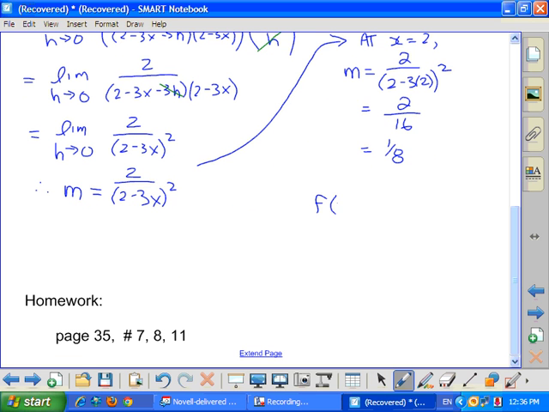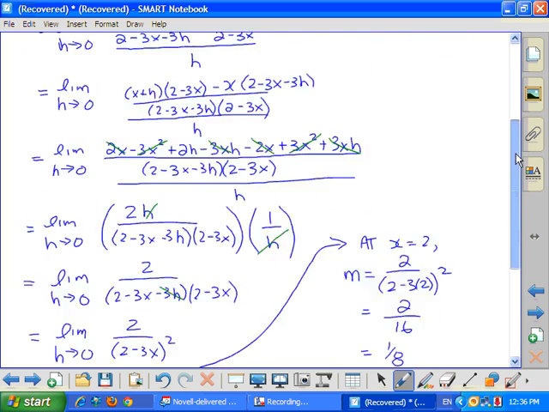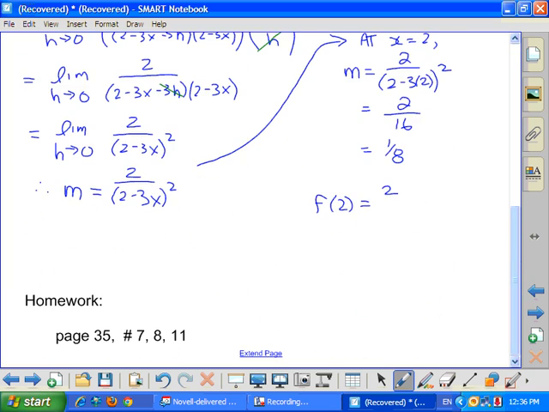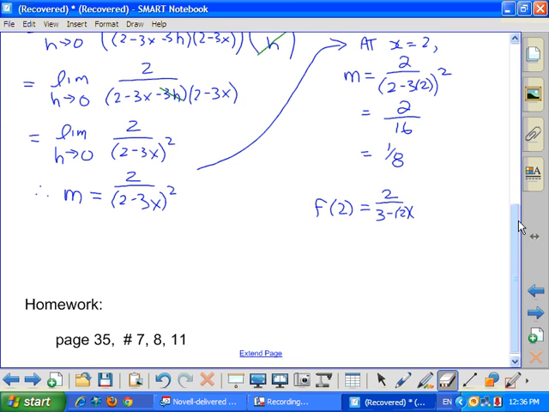The original function was x over 2 minus 3x, so f of 2 equals 2 over 2 minus 3 times 2, so 2 over negative 4, or negative 1/2. So now we have our point.